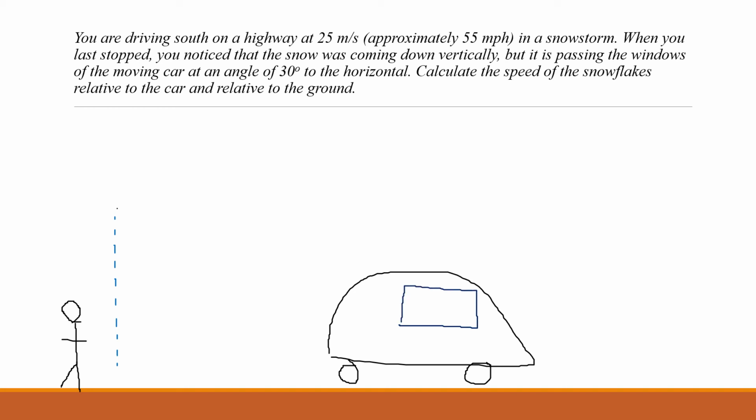That is the window of your car, and you are now noticing the snowflakes are moving at an angle of 30 degrees to the horizon. So let's look at this. This is a triangle.